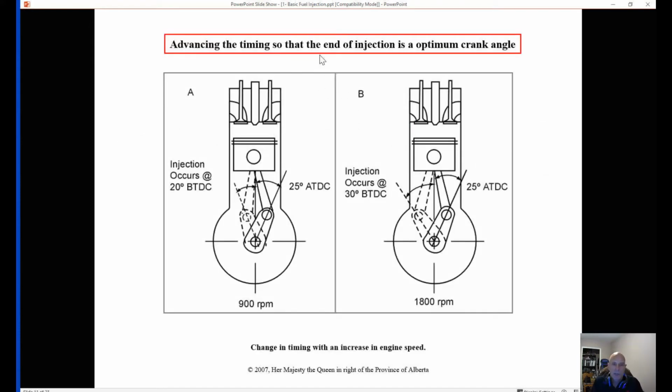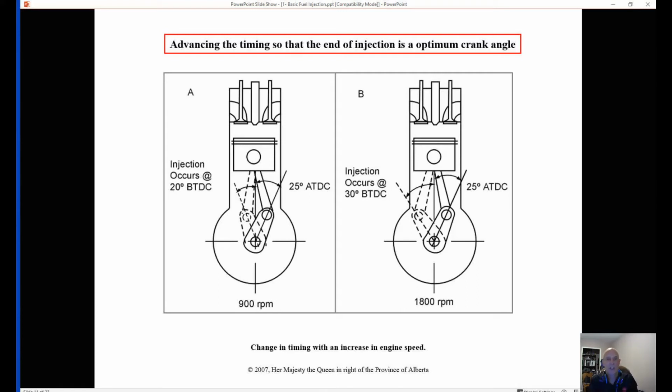So advancing the timing, again, why do we want to advance the timing? Well, as an engine speeds up, fuel has a certain amount of time that it takes to burn a quantity of fuel. That will never change. If we didn't advance the timing, that period of time as we increase the RPM would be shorter.